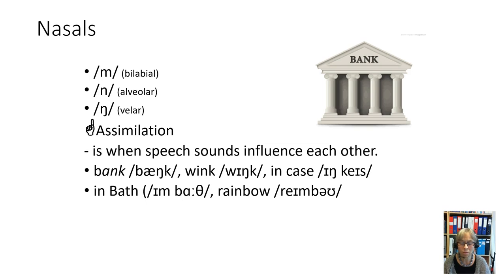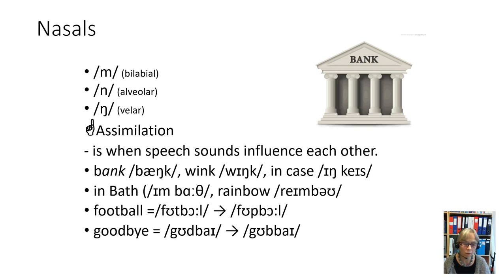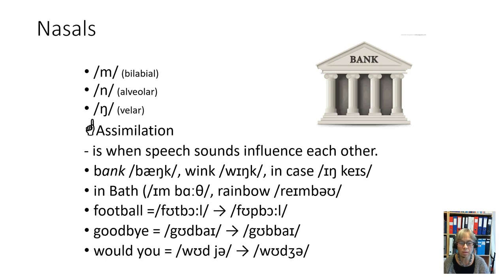In Norwegian, many people say kronprins, right, instead of kronprins. The same thing happens with lots and lots of words, such as football, or goodbye, or would you even. This then is called assimilation.